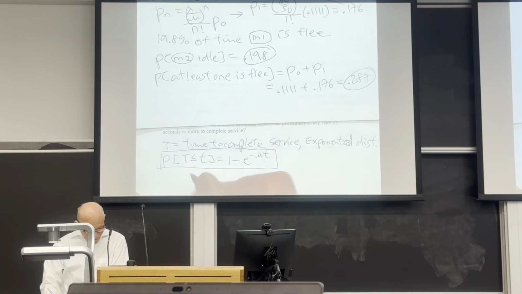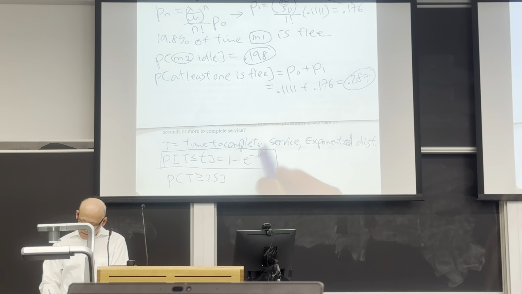Okay, so we want to calculate the probability that it will take 25 seconds or more. Since our formula is giving us T is less than something, maybe it's better that we take 1 minus, so that we have the same form.